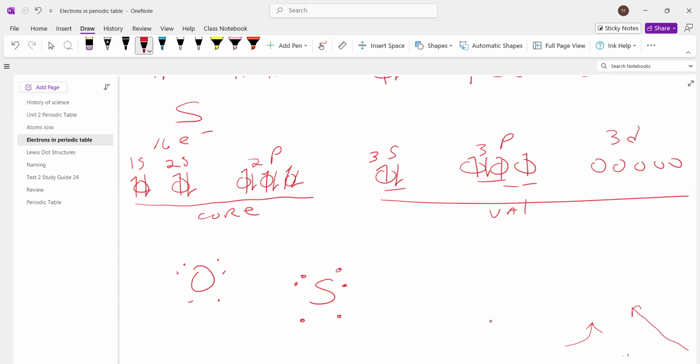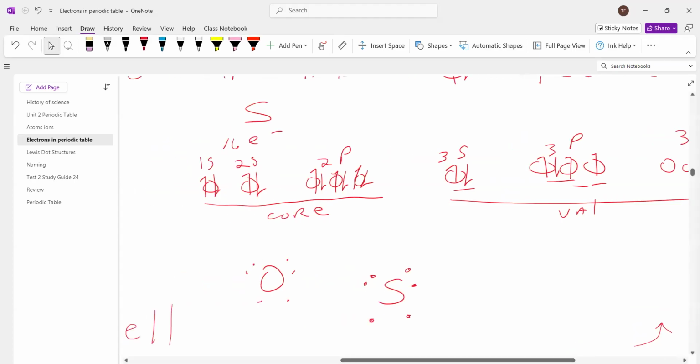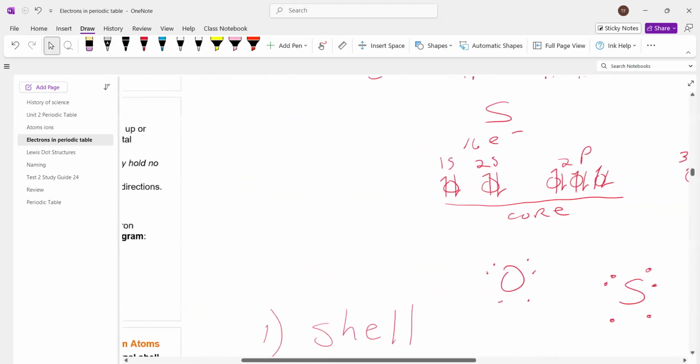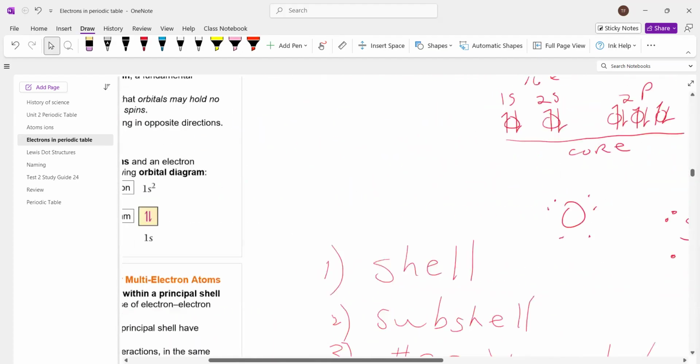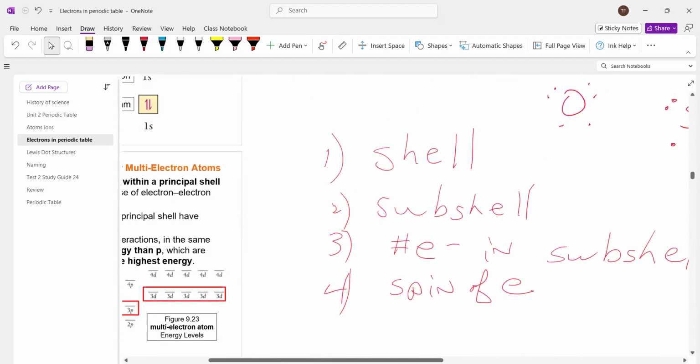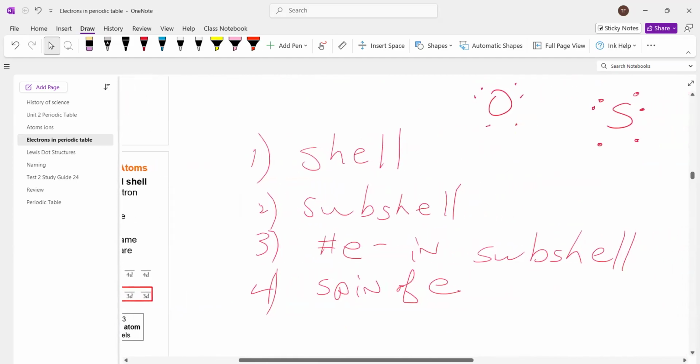Okay, so now to net this out in the simplest terms possible for quantum mechanics.